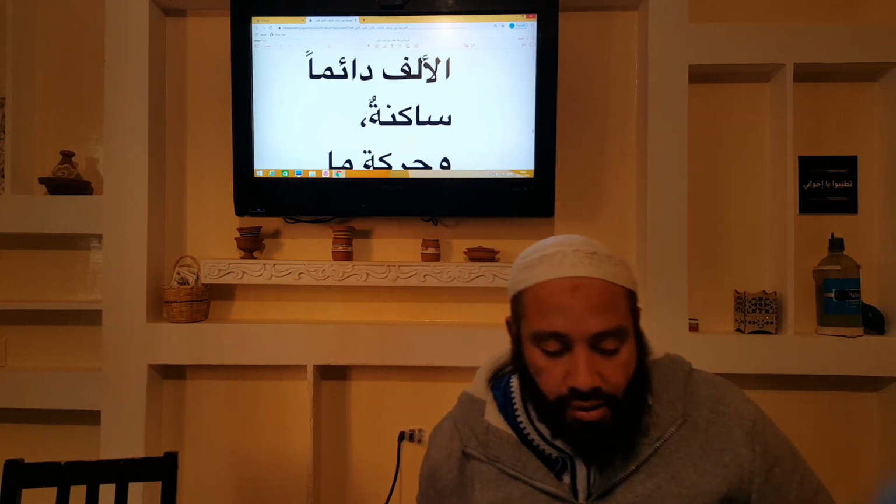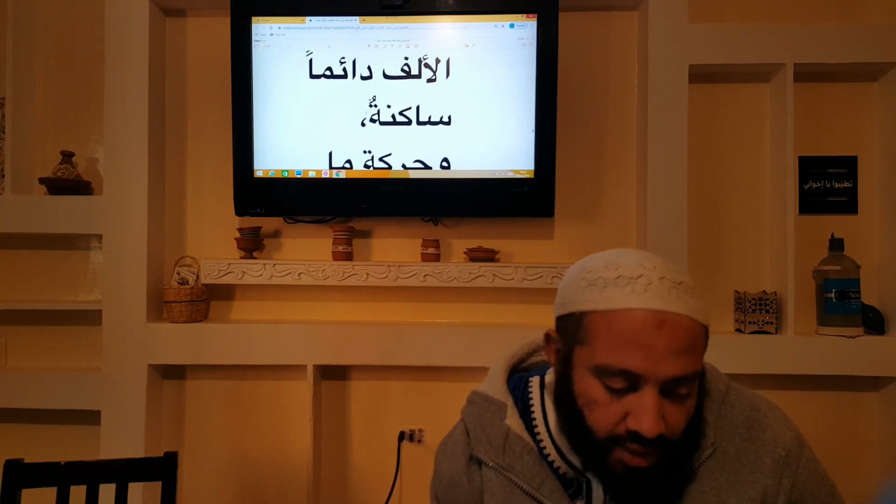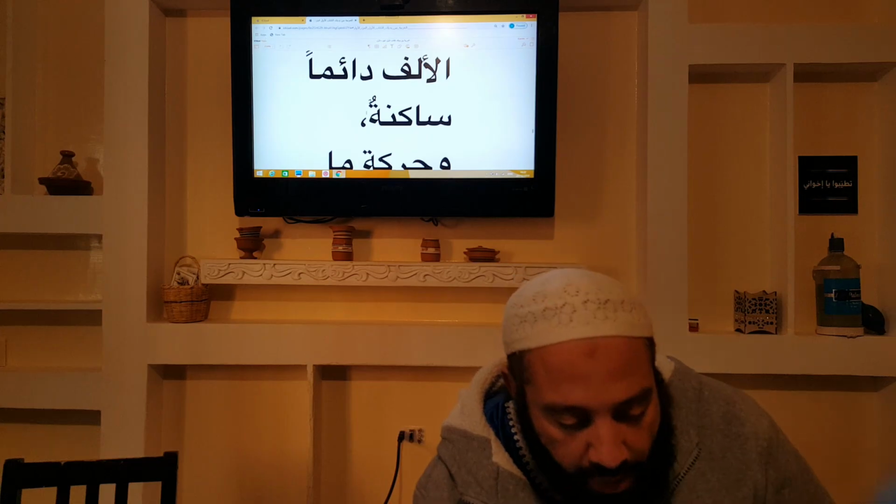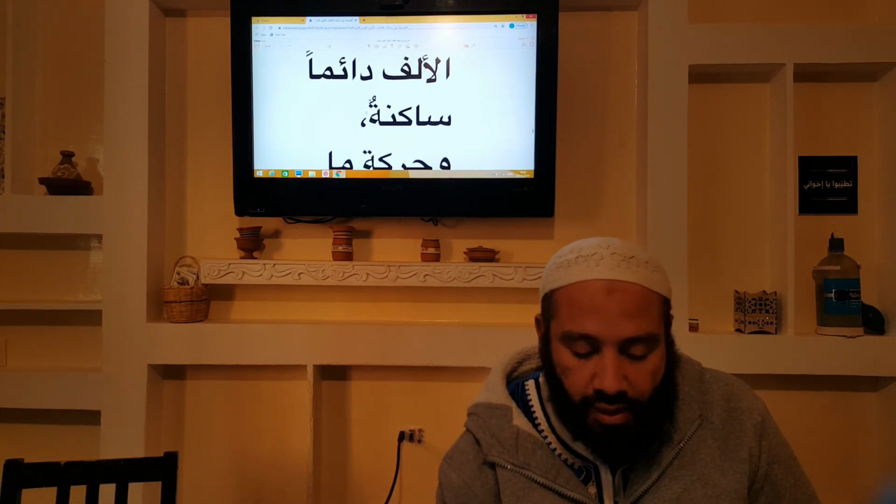Because the alif can never come in the beginning of the word. The alif is there for one reason: stretching a letter with the fatha before it. باب. كتاب. Stretching the top. So انظر is hamzatul wasli. And استمع with the kasra below the hamza is also hamzatul wasli and not an alif. Clear? So alif دائما ساكنة.